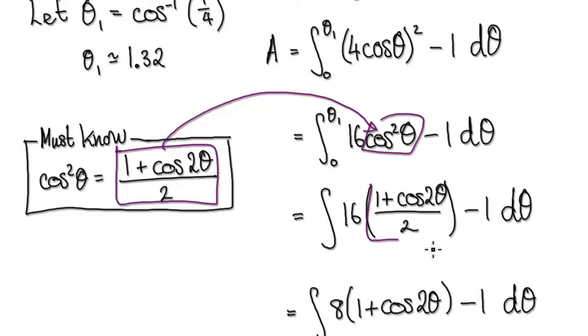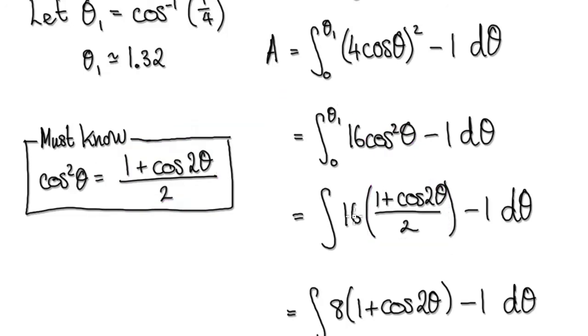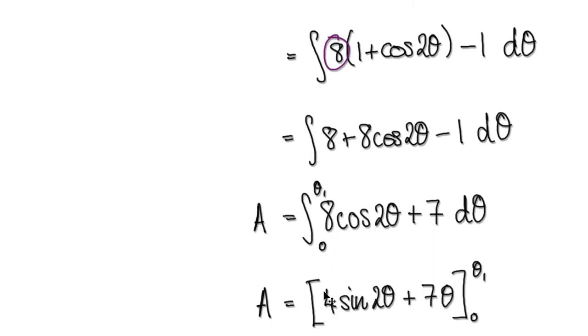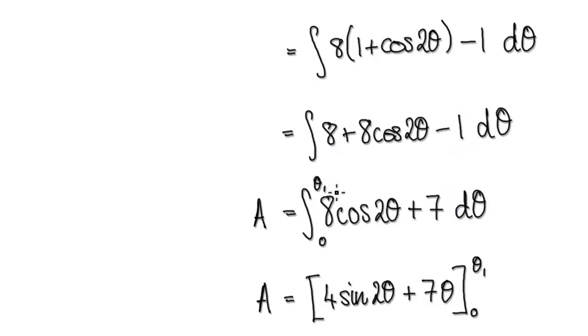That will then give us this thing here, and then 16 to, that will then give us an 8, and then multiply this out. That will then give us this, and merging these two together, that will then give us a 7.